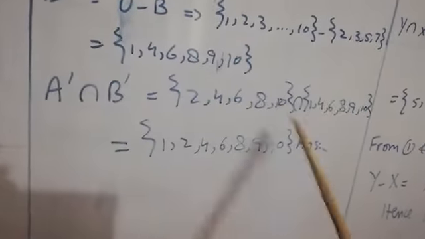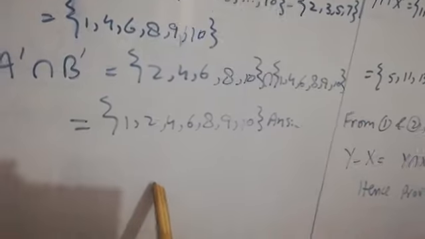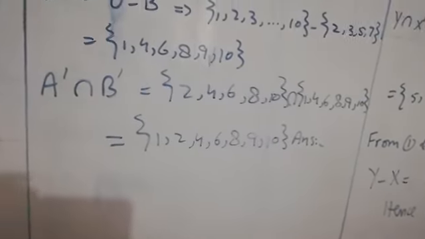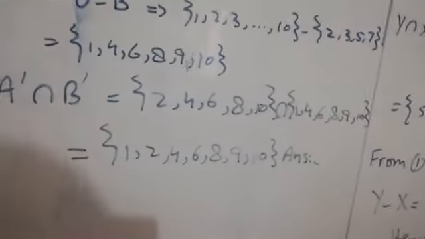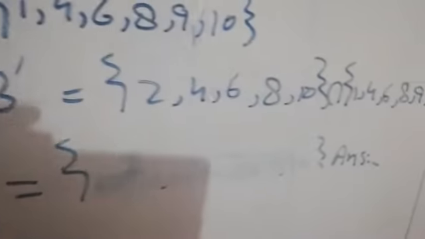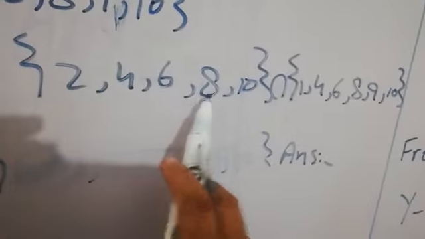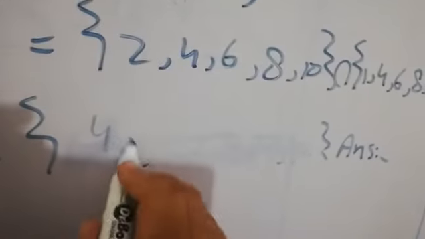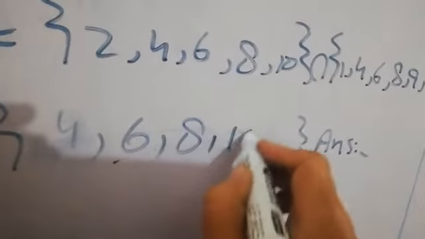We will write the common elements between these two sets. The answer is wrong, I have written it wrong. So we will take the common elements. The common elements between these two sets are 4, 6, 8 and 10.